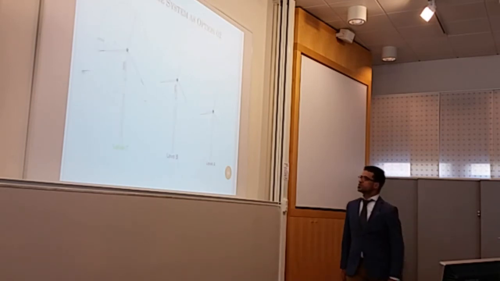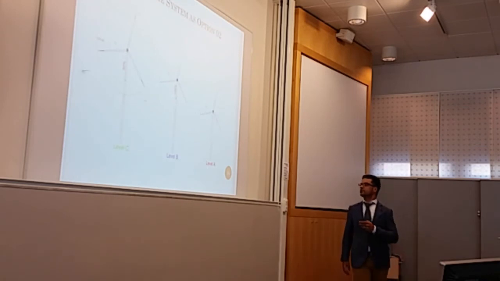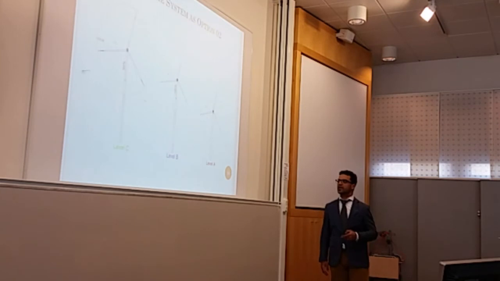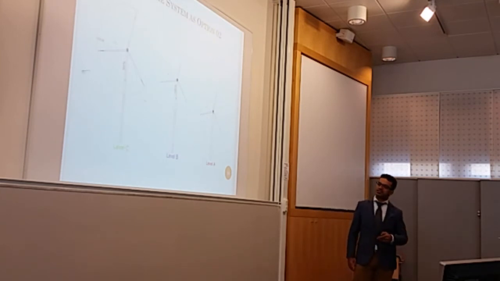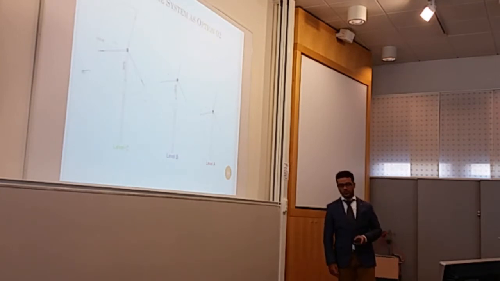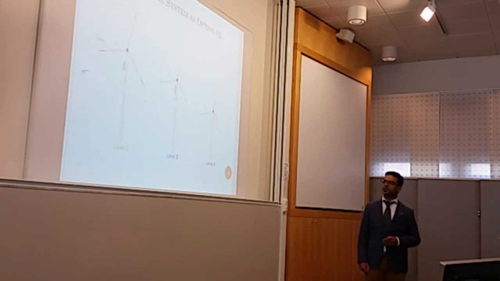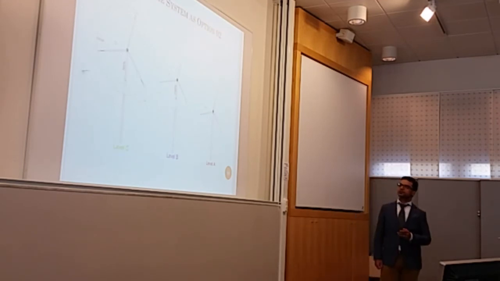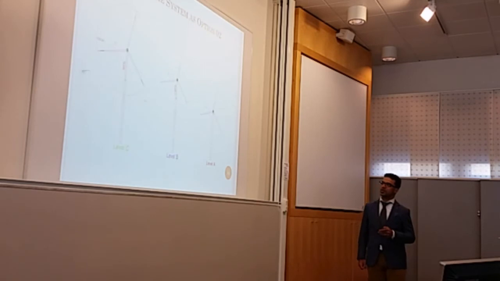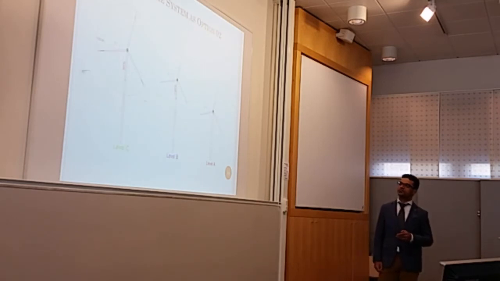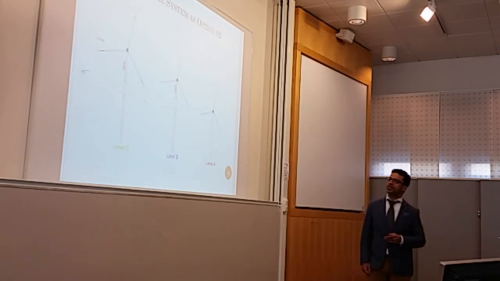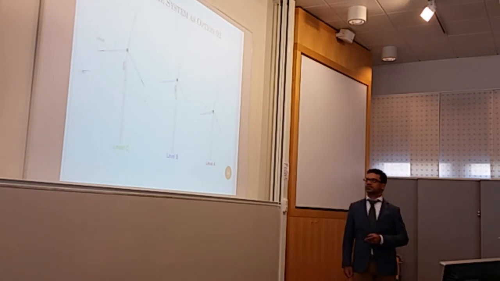Option 2: as I mentioned before, in A everything is the same, and in B everything is the same. Only in level C, when the velocity comes below 10 meters per second, two things will happen. We will increase the hub height by 50%, and the swept area will increase by 25%.